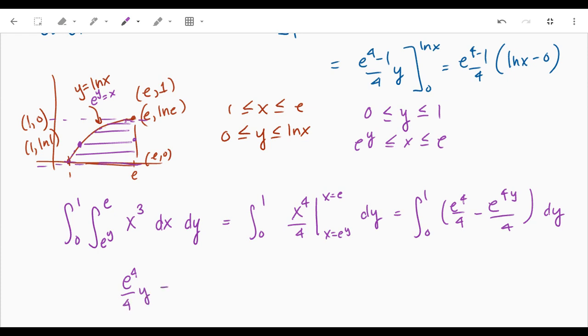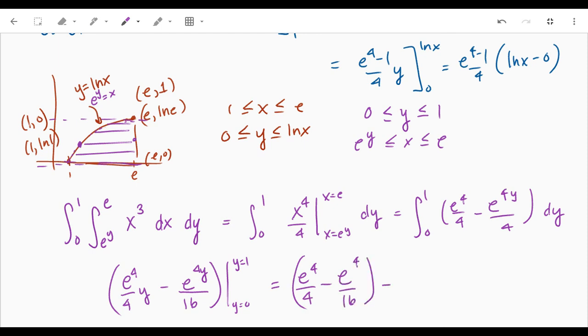And then e to the 4y over 4, so think about your u sub there. If I do e to the 4y, the derivative of that would be 4e to the 4y, so I'd have to divide by 16. Evaluated from y equals 0 to y equals 1. So I would have e to the 4 over 4 minus e to the 4 over 16, minus 0 minus e to the 0, so 1 over 16.